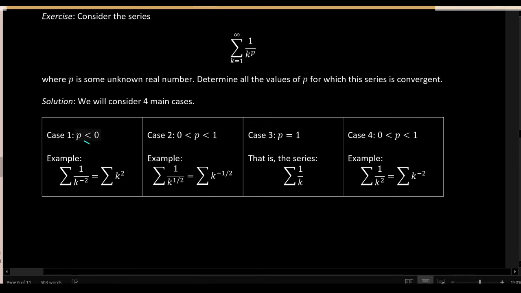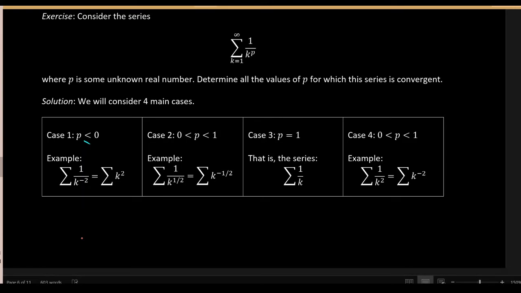And I'm going to break it down into 4 main cases. The first case is when this power p is less than or equal to 0. For example, such a series would be something like 1 over k to the minus 2, where the power is minus 2. Then I'm going to consider the case where the power is squeezed between 0 and 1.